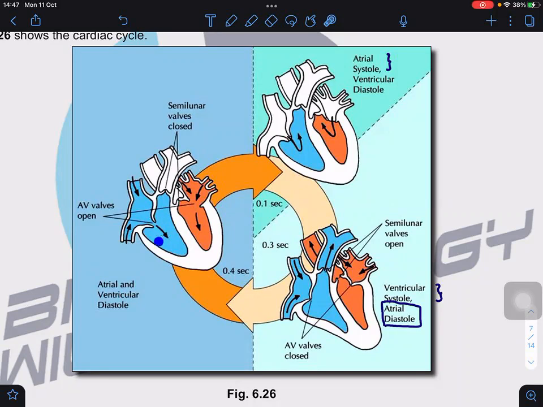When the ventricle relaxes, pressure is lower, but the blood we just pumped into the artery means that this artery has high pressure blood. So if I relax, the blood can actually backflow. Can you see that? The blood can flow back to the ventricle, but this is prevented by what? By having the semilunar valve.